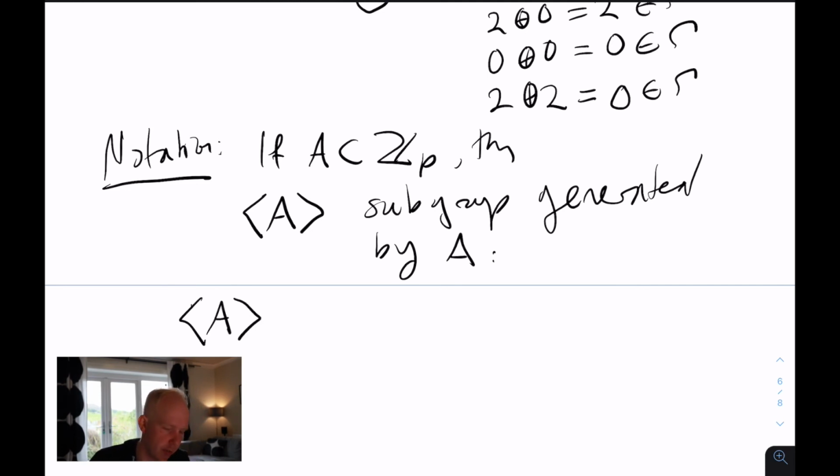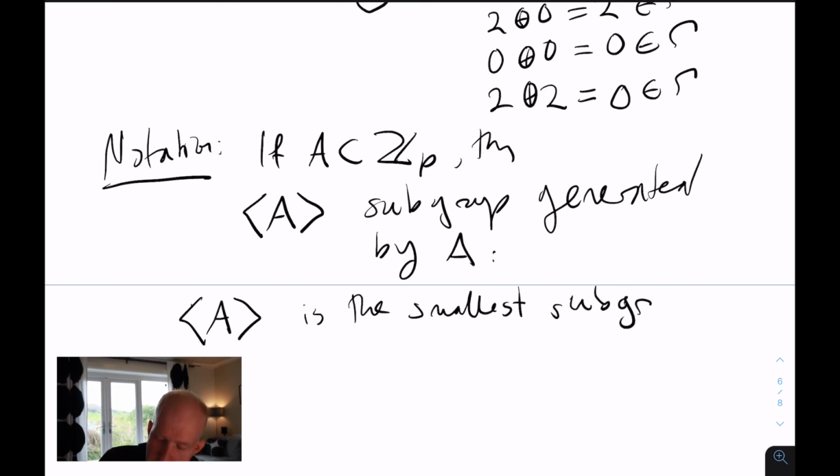In the lecture notes I use one of the definitions, using all the possible elements, but basically this is the smallest subgroup of B containing this set A.